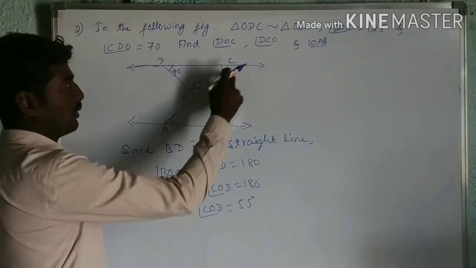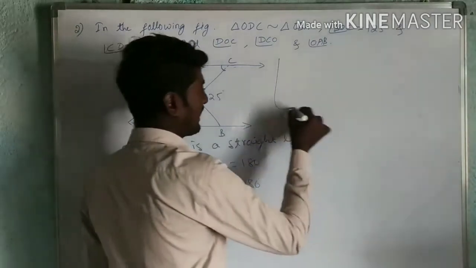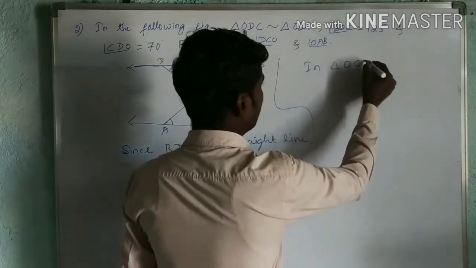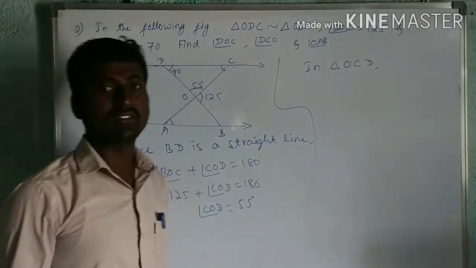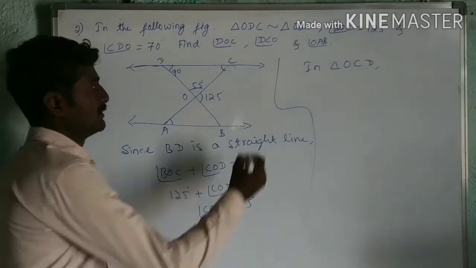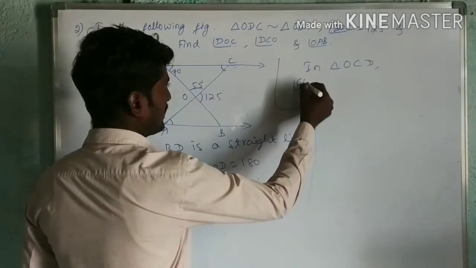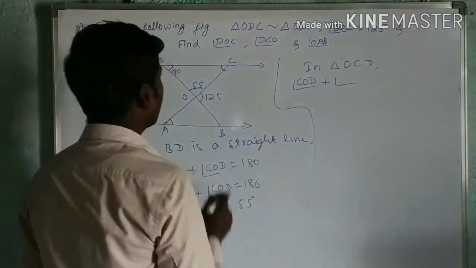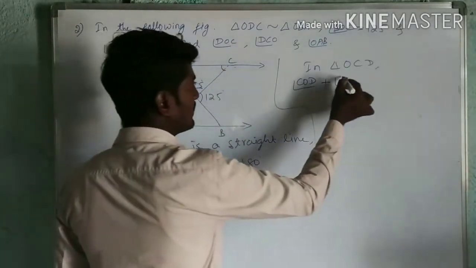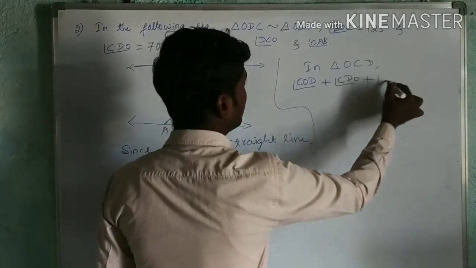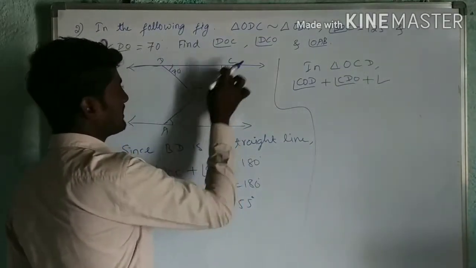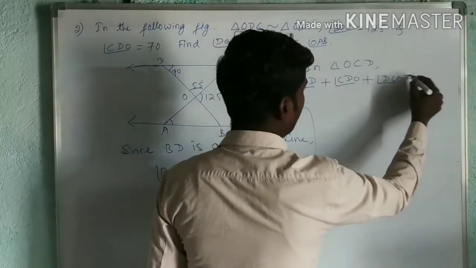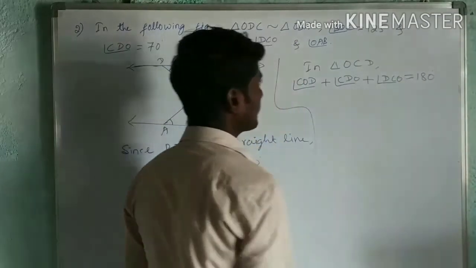Then I have to find this angle. So in triangle OCD, the sum of interior angles of a triangle is 180 degrees. So it means angle COD plus angle CDO plus angle DCO is equal to 180 degrees.